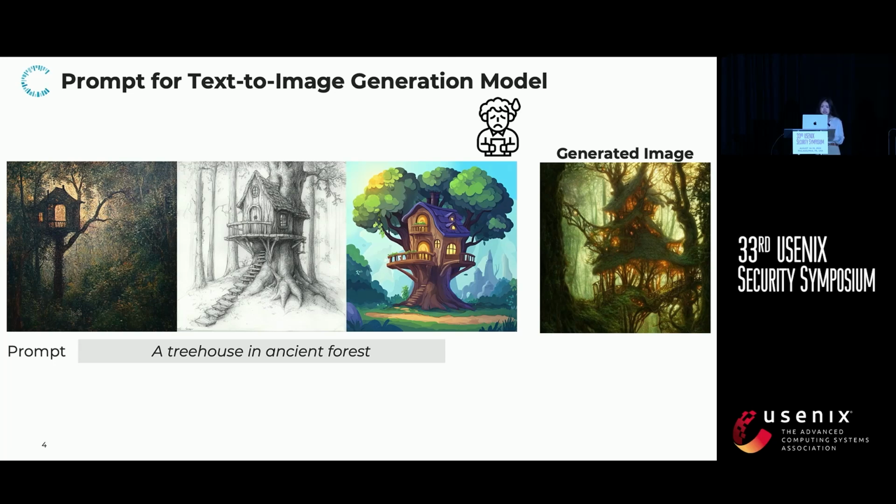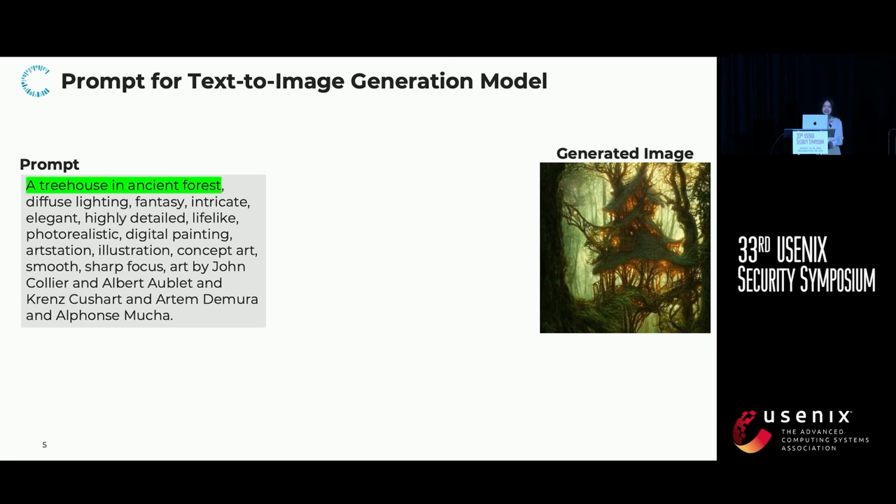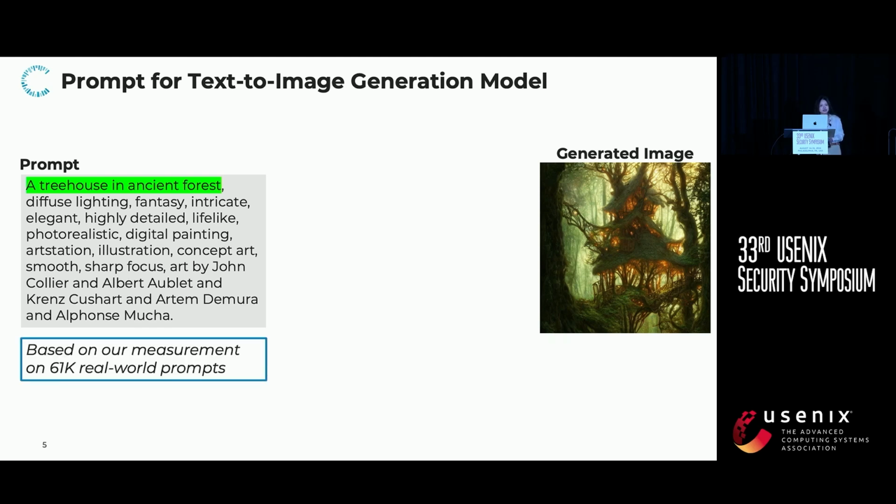So if you really wanna get the picture on the right side, what does the prompt look like? It looks like this. So in the measurement part of our paper, we collect and analyze 61,000 real-world prompts from end users, and we find a high-quality prompt usually contains two parts.